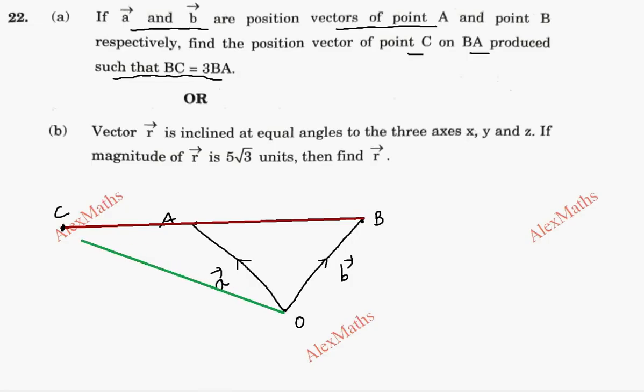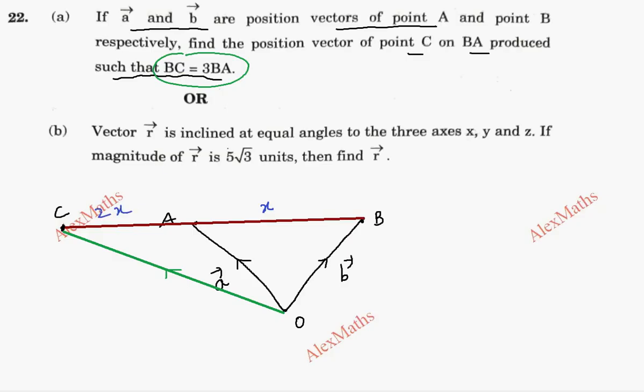So from here, this OC vector we have to find, and they also gave condition BC is 3BA. The entire line is BC, which is 3 times of BA. So when this is X and this AC is 2X, then this condition is satisfied.